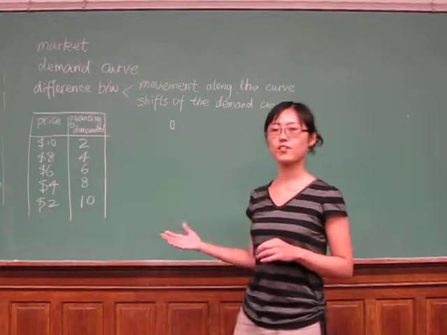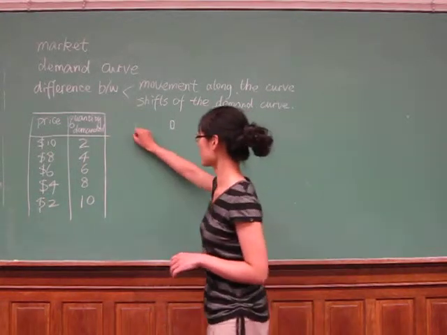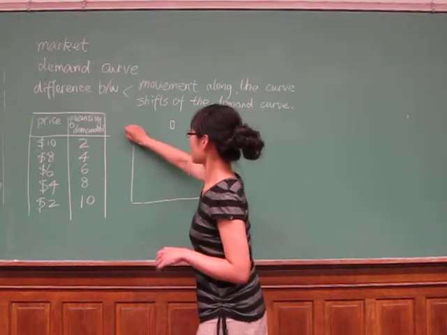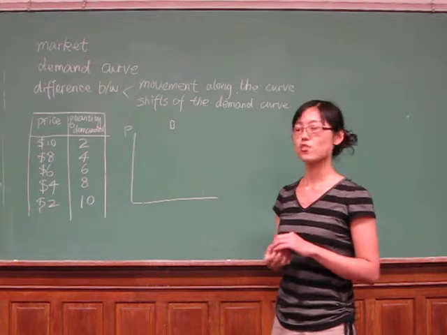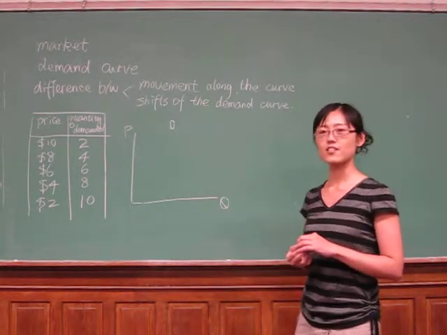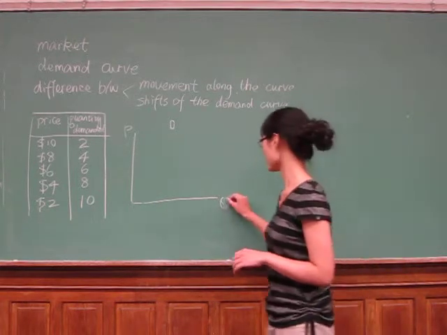Now we are going to plot this into a graph. The vertical axis shows the price. The horizontal axis shows the quantity.